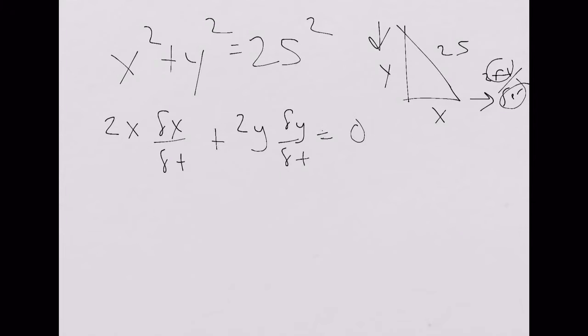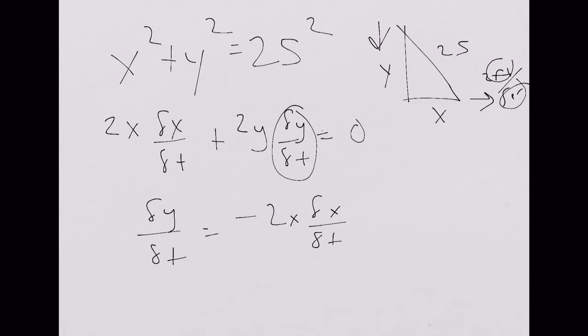Now I am trying to find this dy/dt. So let's just move everything to the other side. So I have dy/dt equals, I'd be subtracting that 2x dx/dt, and then I would divide everything by that 2y since it's multiplying.